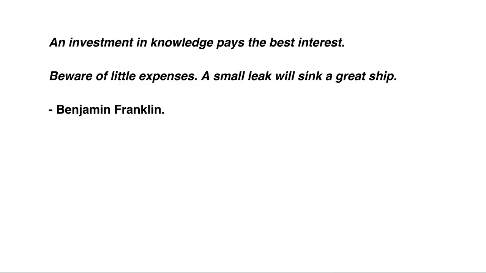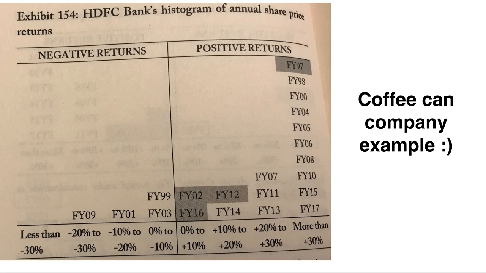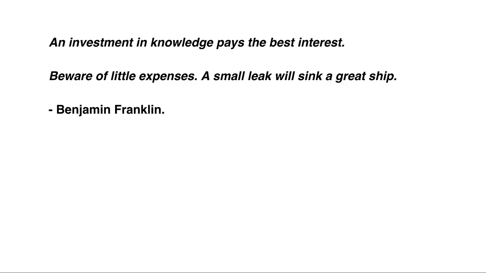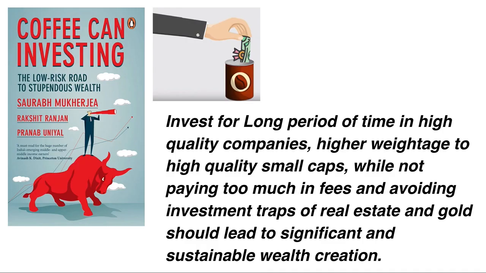So that's the key learning from this book, which is, can you have a low risk way of making money and high rewards? And if you add the patience premium with the quality premium, avoid the investment traps, then I think we've got the magical formula. Before I end with these two quotes, again, I will summarize.